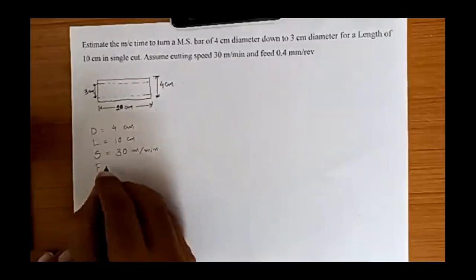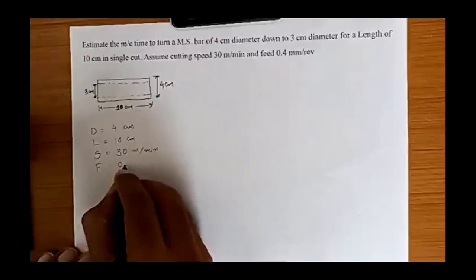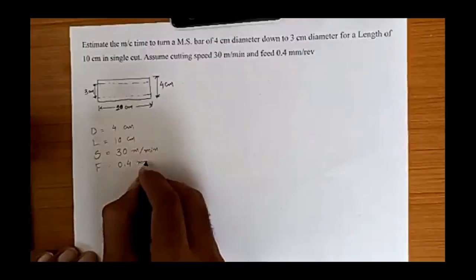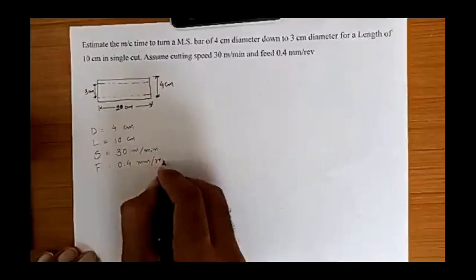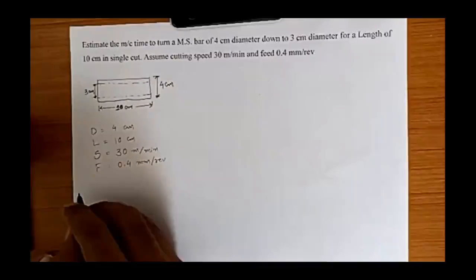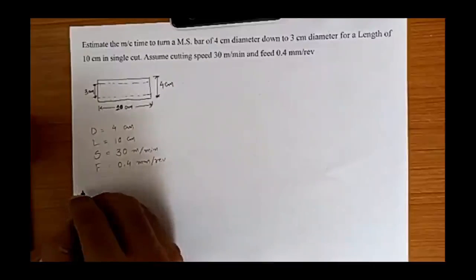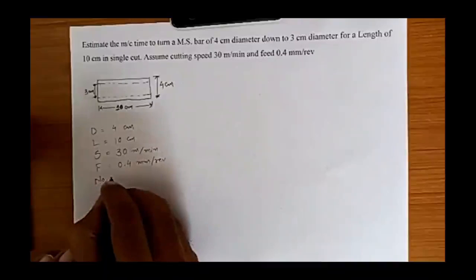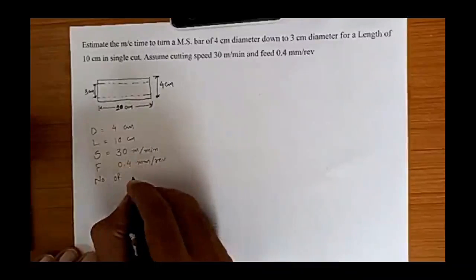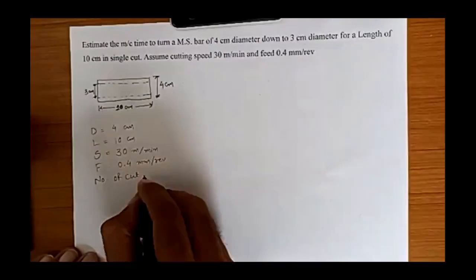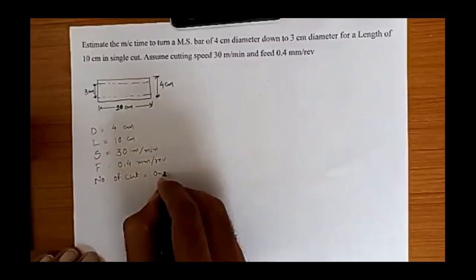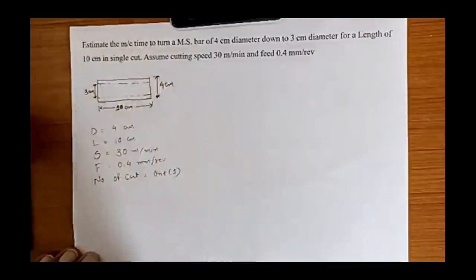F is equal to feed 0.4 mm per revolution. Number of cut is equal to 1.